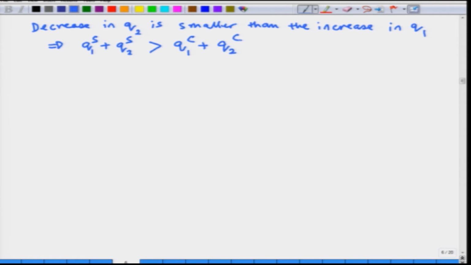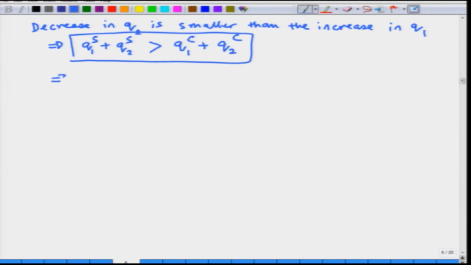So, while it is not directly obvious that the total output has gone up, we can reason it out by looking at the best response function for firm 2: the fact that Q1S is greater than Q1C leads the output for firm 2 to go down, but looking at the slope of the best response function for firm 2, we can conclude that the decrease in Q2 is smaller than the increase in Q1, which must mean the total output would have gone up.